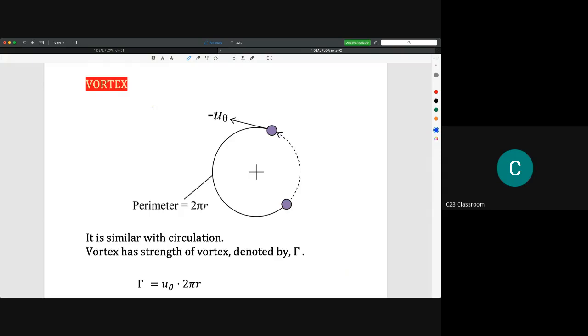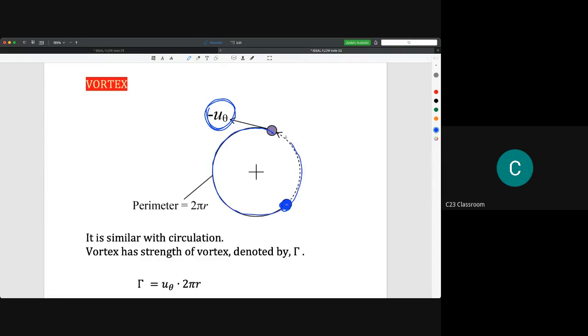So now in the fourth example here, we imagine that there is one motion which has only one velocity, and that velocity is u theta, so it will rotate like this.